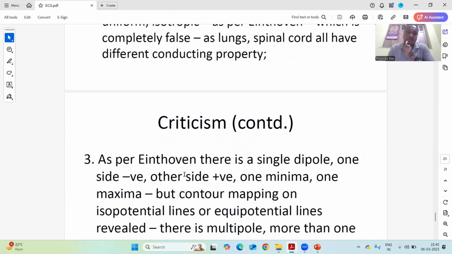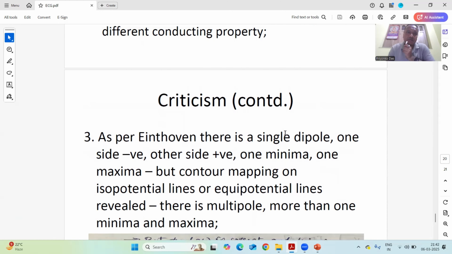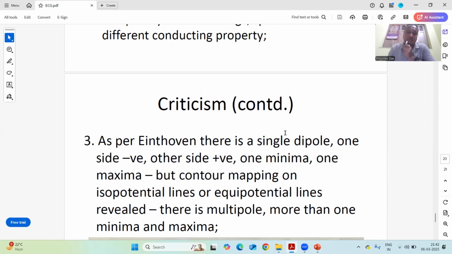Now the third assumption: as per Einthoven, a single dipole was acting, with one negative at the downside and positive at the upside, that means one minima, one maxima, working at an angle alpha with respect to the horizontal direction.